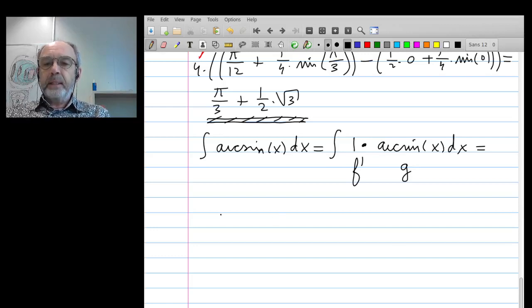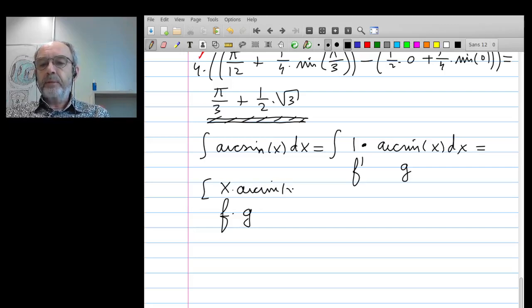Now, what do we get out of it? We have to calculate f times g, so between the brackets, so this becomes x times the arc sine of x, and then we have minus the integral of f times the derivative of g.